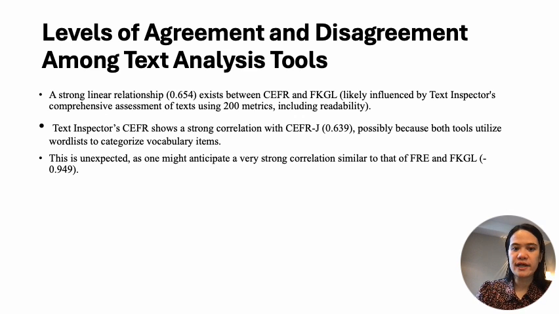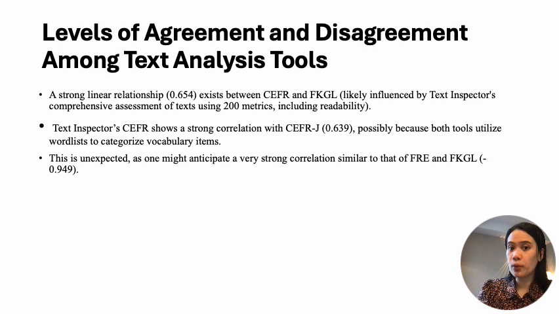Also, Text Inspector's CEFR shows a strong correlation with CVLA's CEFR-J levels, possibly because of their reliance on word lists. However, one might have expected that CEFR and CEFR-J could have had a higher correlation score than 0.639, or similar to Flesch Reading Ease and Flesch-Kincaid.